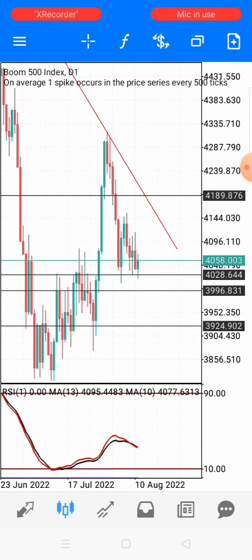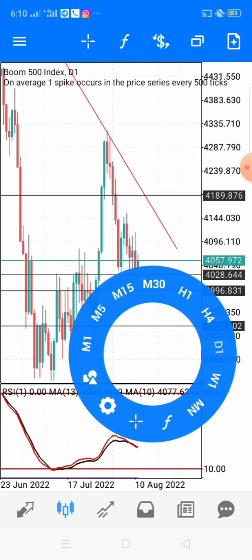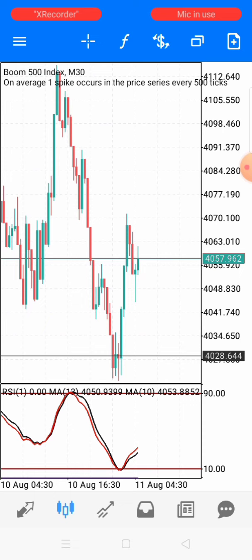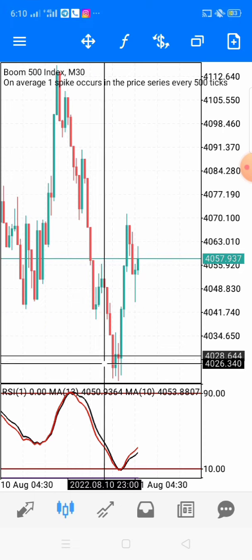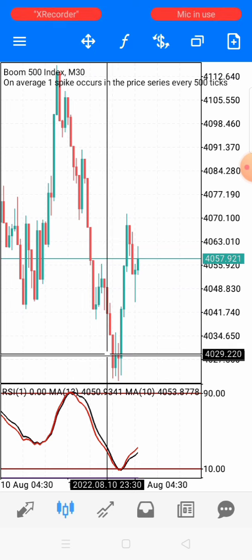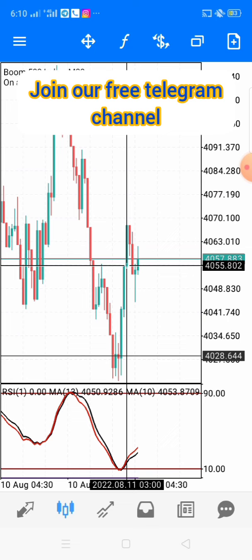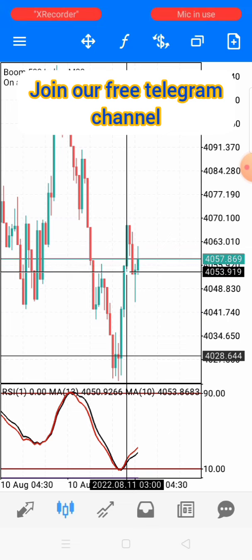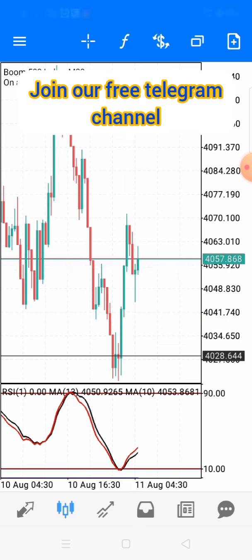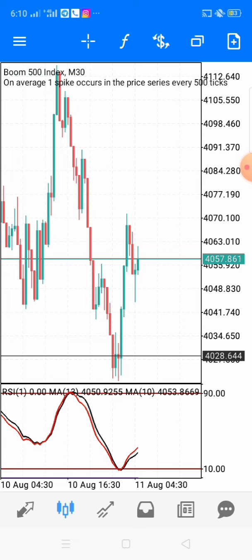But you are not going to use the daily time frame for this, so you now have to go to, let's say, the 30-minute time frame, looking for entries. As you can see here, this was my support. When the price came here, it reversed and went back up. After checking these things out, you look for entries on the lower time frame.